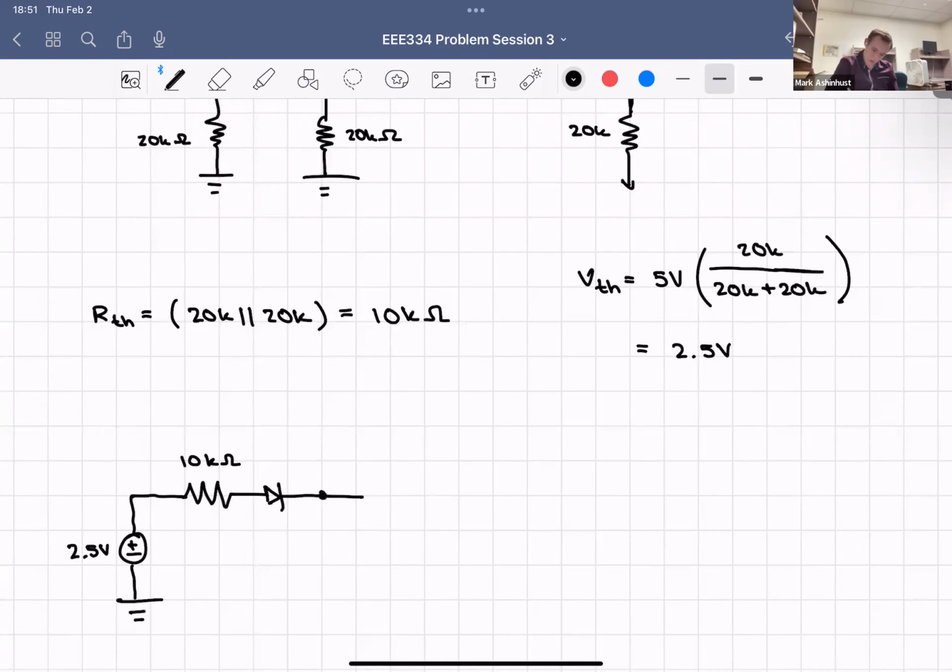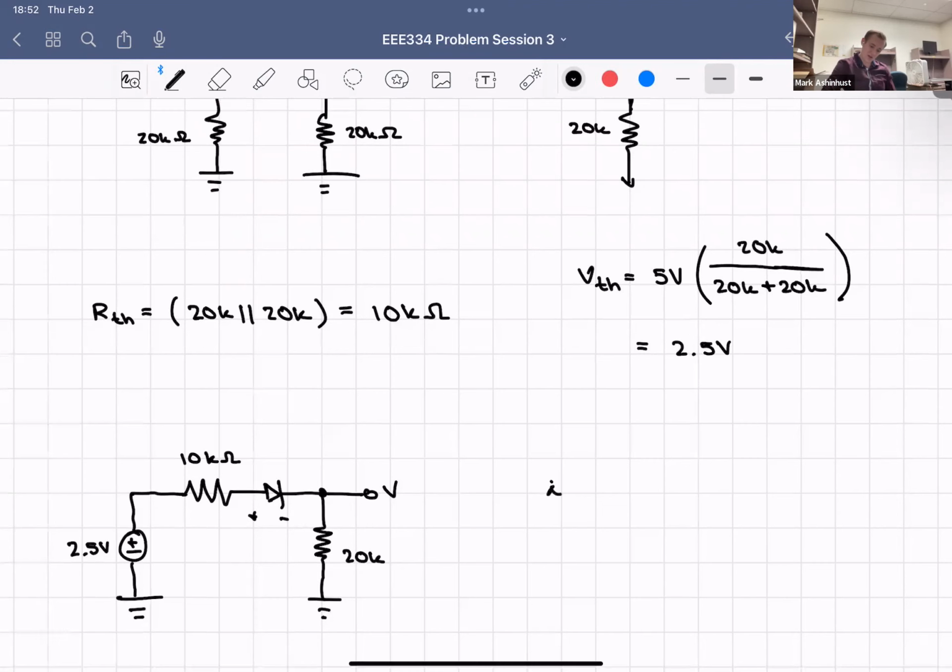And then we have our load resistor, 20K. The 2.5 volts, what is this going to be? That's going to be in forward bias. So the forward bias is going to act like a short, and then we have V. And V is taking over that 20K. But we want to know I, the I that's going out to V out.